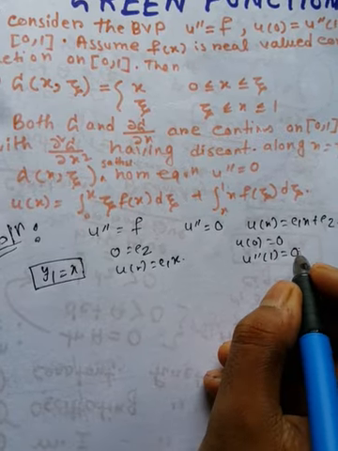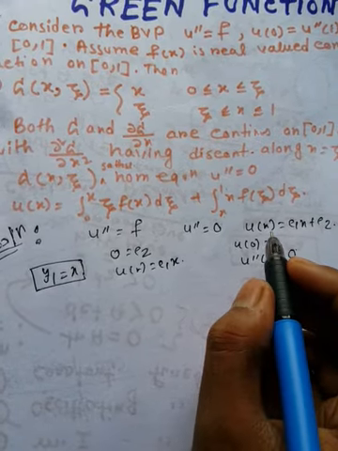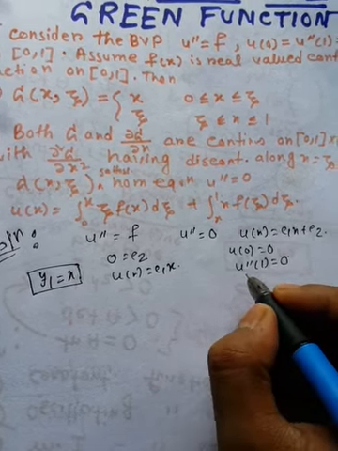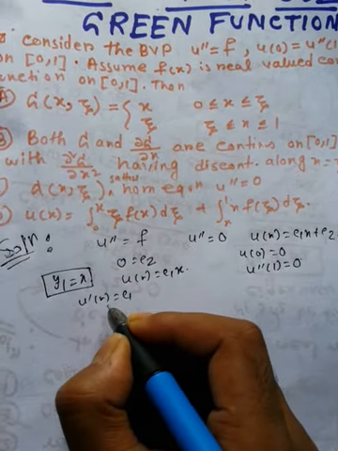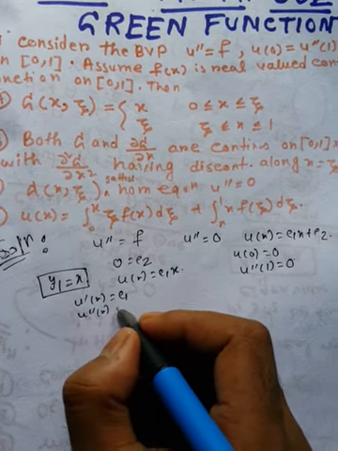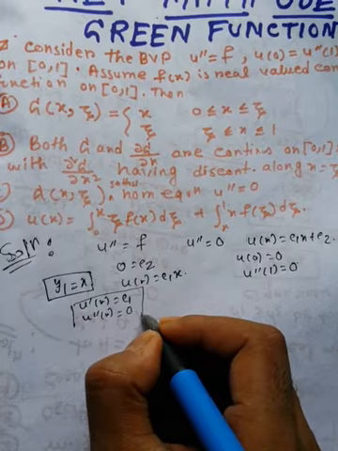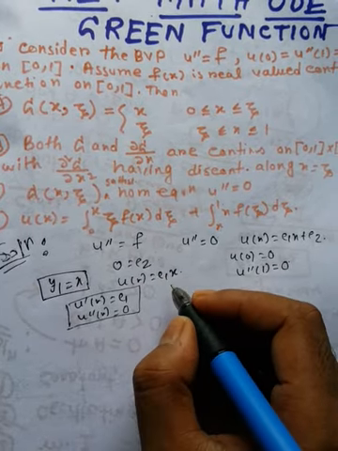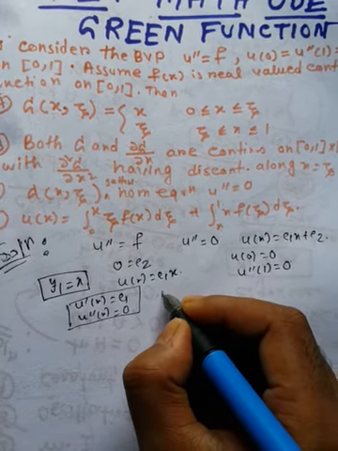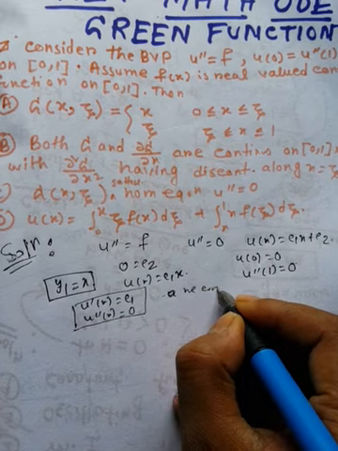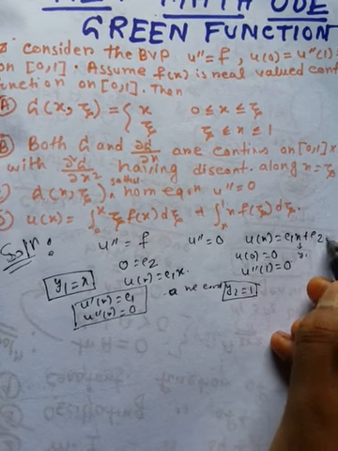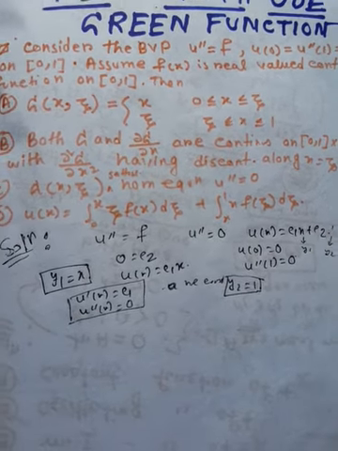Now u dash 1 equal to 0 gives c1 equal to 0, so u dash x equals c1, which is 0. Here we could not get anything. So what is y2? We consider y2 equal to 1. So x is y1 and this is y2.